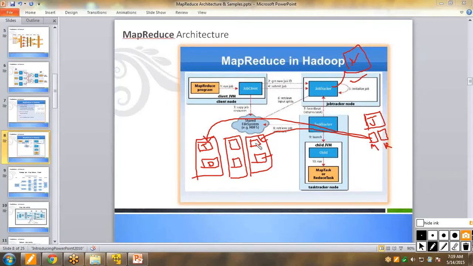Take it line by line. You split the line by space, because space is the delimiter. Looking at a sentence, how do you split the words? By space only. So you split the sentence using space, and now you get a collection of words.